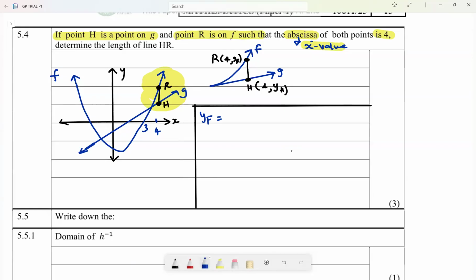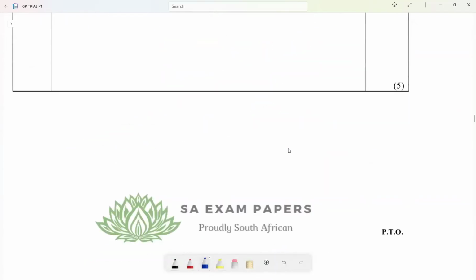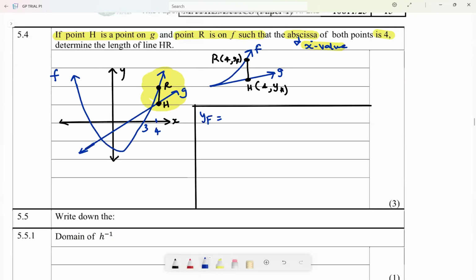I'm going to need to locate the equation of my parabola. Remember the equation of the parabola was 2x squared. So I'm going to say 2 times 4 squared minus x, which is 4, minus 15. So this will give me 2 multiplied by 16, which is 32.